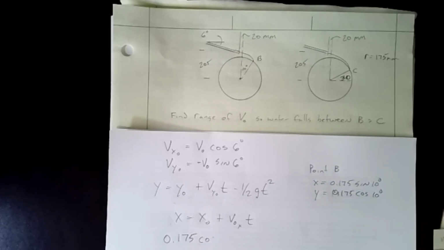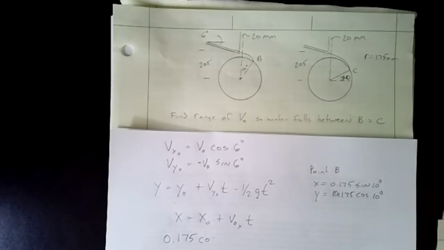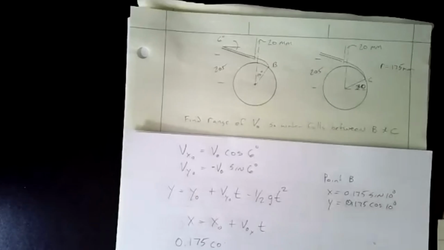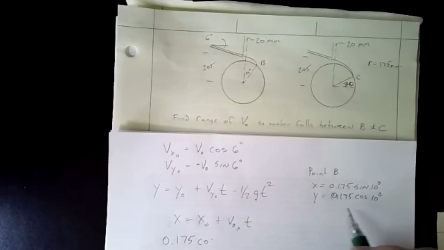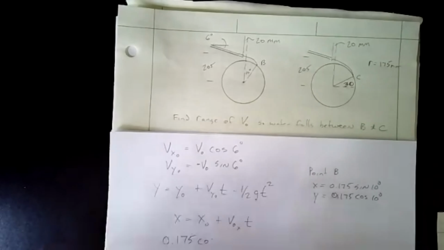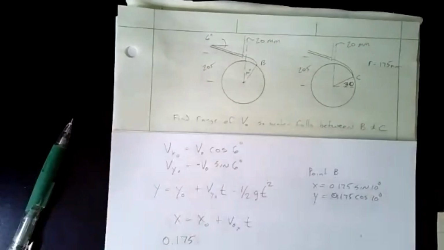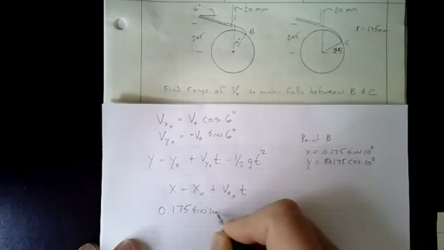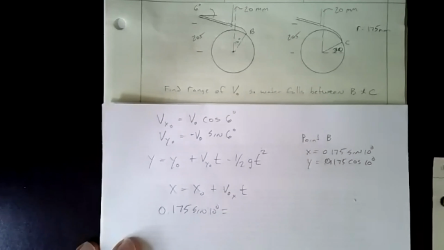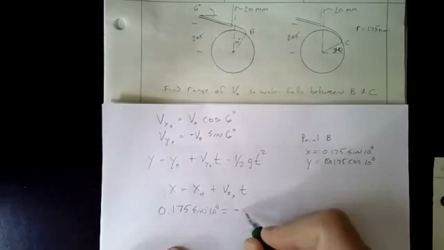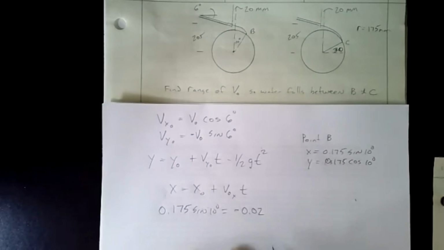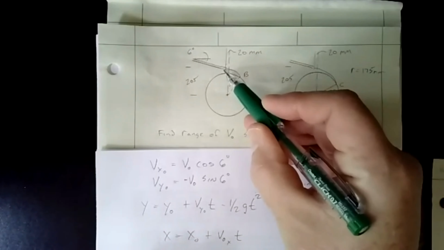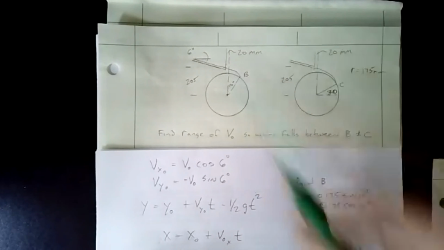So the x location of this is going to be 0.175 sine 10 degrees. I'm not sure why I wrote cosine. And that's going to equal the location, which is negative 0.02. So 20 millimeters is because it's starting 20 behind, and then it's going this way over here.